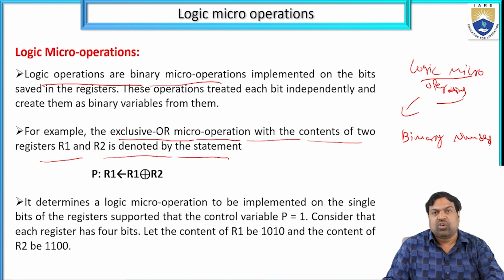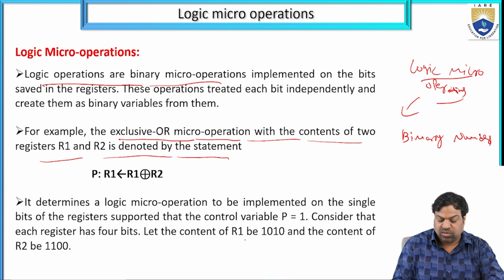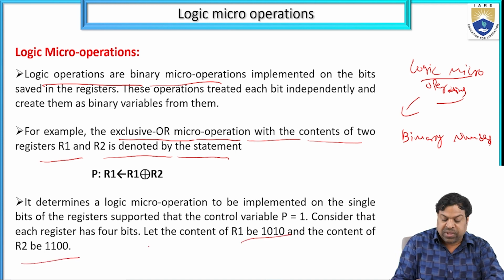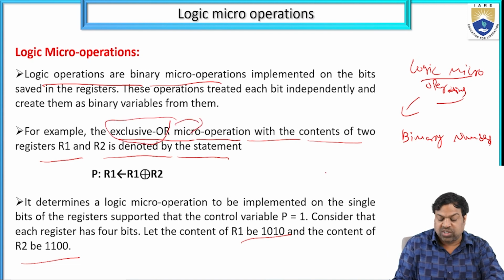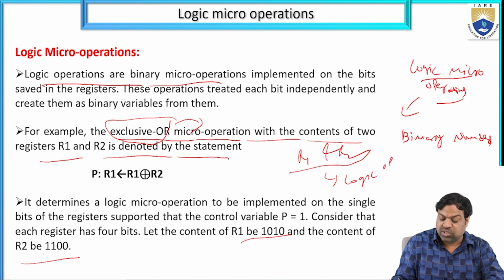It determines a logic micro operation to be implemented on the single bits of the registers, provided that the control variable P equals 1, and consider that each register has 4 bits. Let R1 equal 1010 and R2 equal 1100. So I am using the exclusive OR gate to perform the micro operation with the content of two registers, R1 and R2.